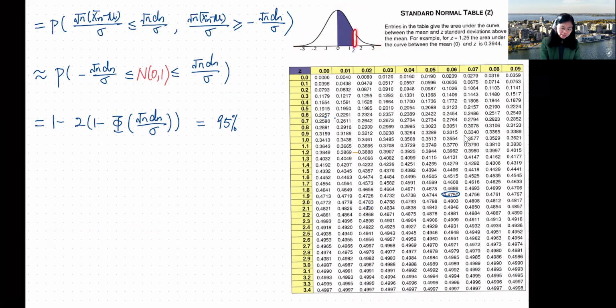The probability that the standard normal is between 0 and the positive value root n Dn over sigma is the same as the probability that the standard normal is between minus root n Dn over sigma and 0.